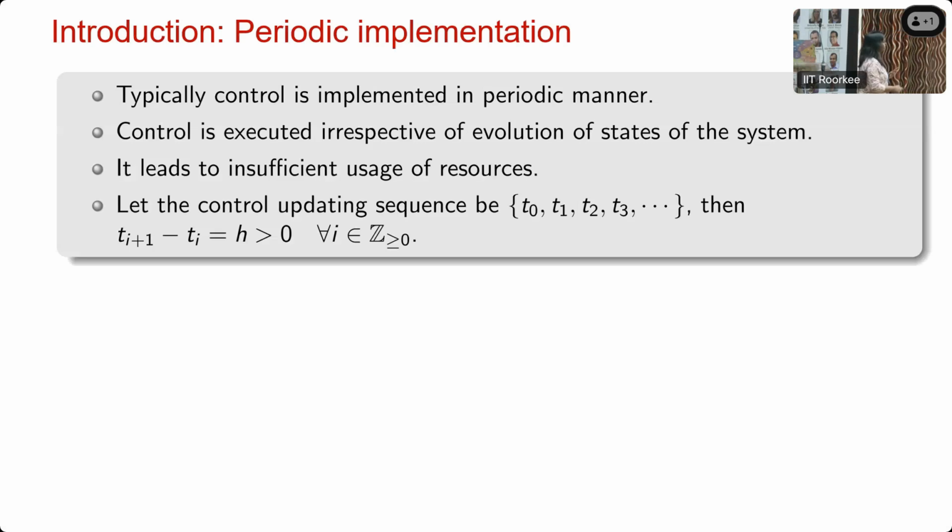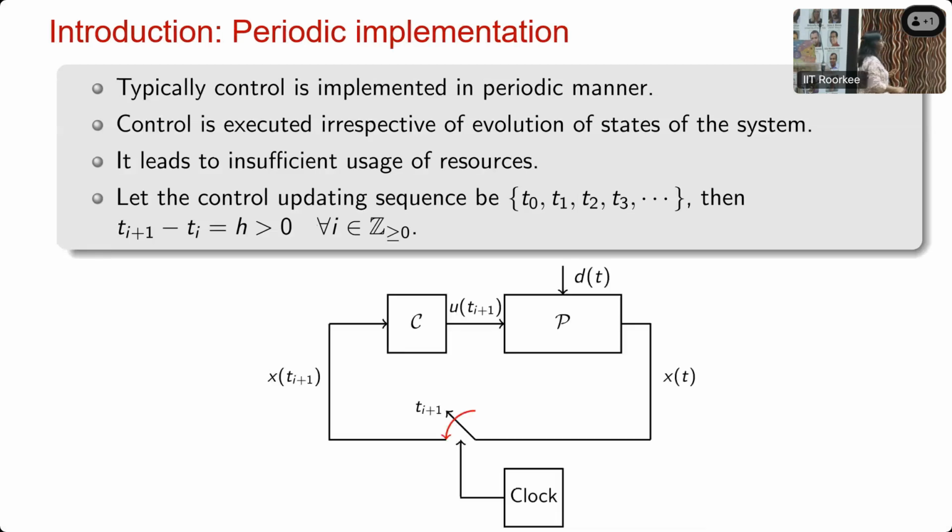We can understand it through this block diagram. We have this plant, we have the controller, assuming that we have all the state variables of the system, then we have a clock triggered by a sampling time, which closes this loop, and the state of the system is transmitted to the controller at that sampling interval. That is the periodic implementation.